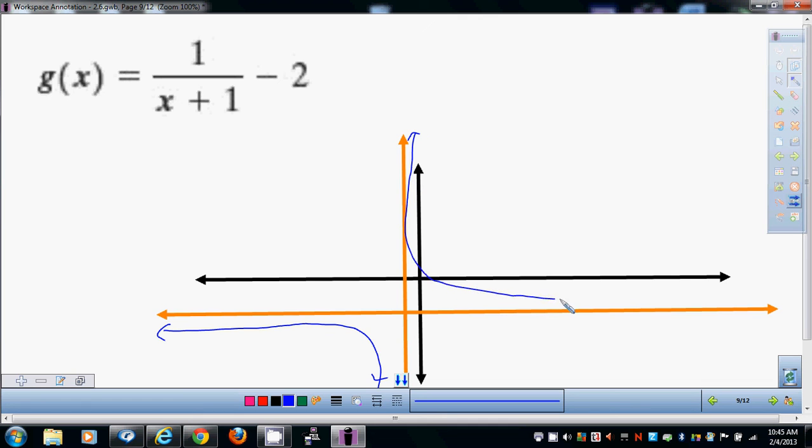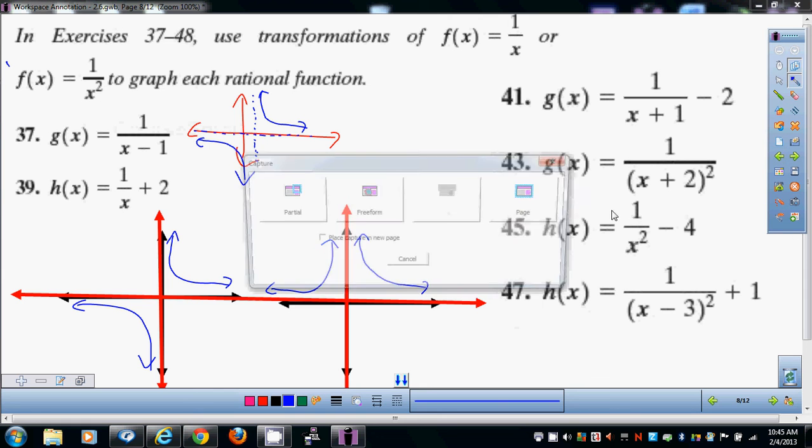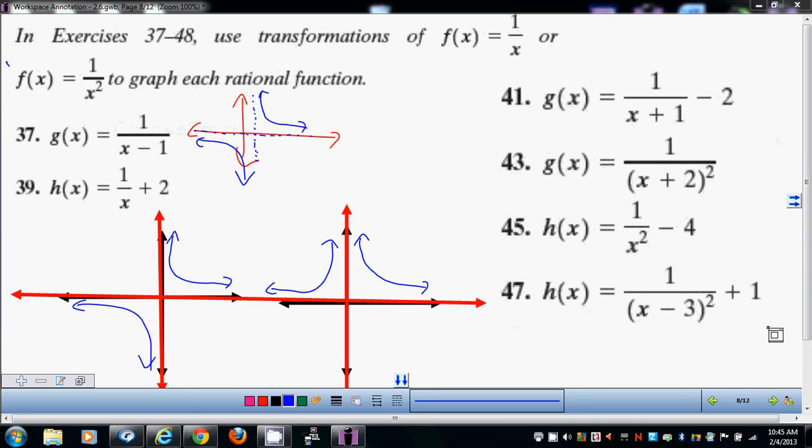The 1 over x squared ones are the exact same, except they're both going to be going upward. So let's just pick one of those. 43, 45, 47. Pick one. 47. So I'm going to draw my normal axes. There's my axes.